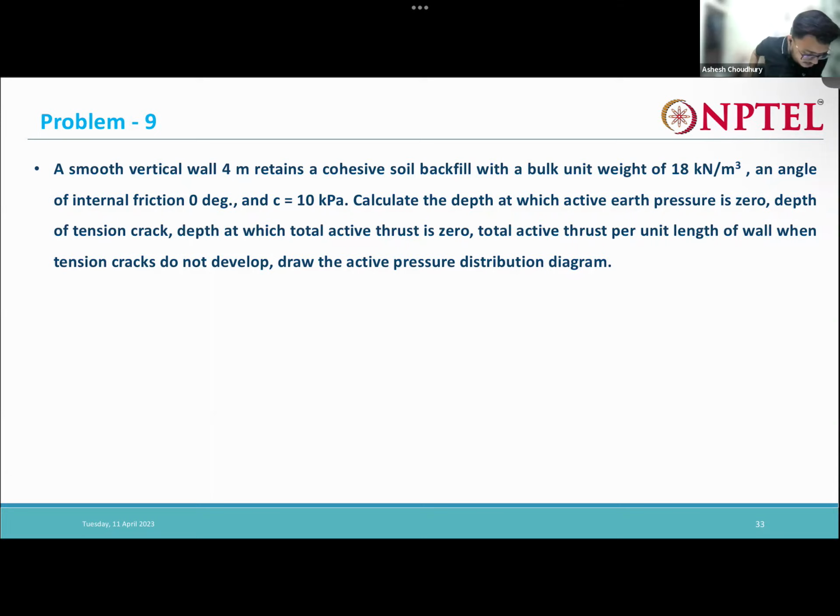Okay, so one by one let us solve this. First, my phi is what? Phi is 0. So what will be K? 1 minus sine 0 by 1 plus sine 0. What is sine 0? Sine 0 is 0. Right, so K will be 1.